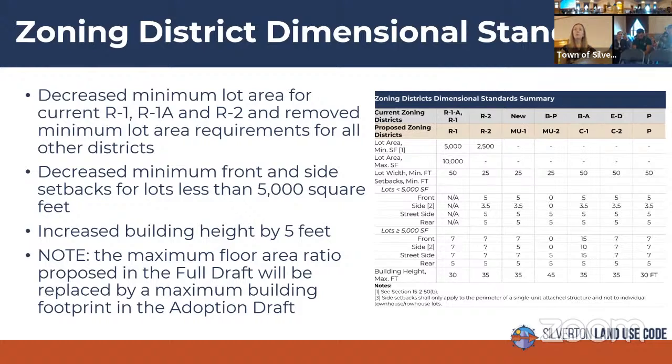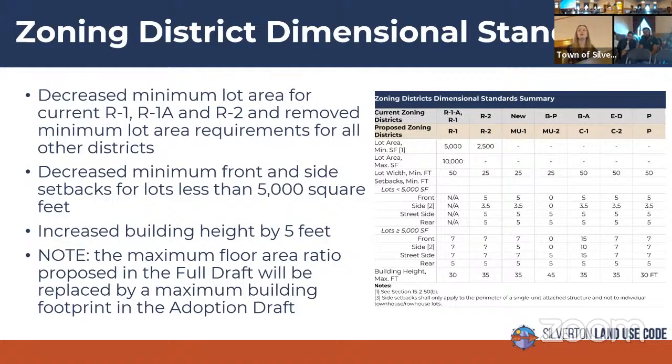And then we have removed the minimum lot area for all other districts. It also includes decreased minimum front and side setbacks for lots less than 5,000 square feet to better accommodate small or single lot development. The building height is proposed to increase by 5 feet in all districts except the R1 and R1A, which is staying at 30 as proposed.